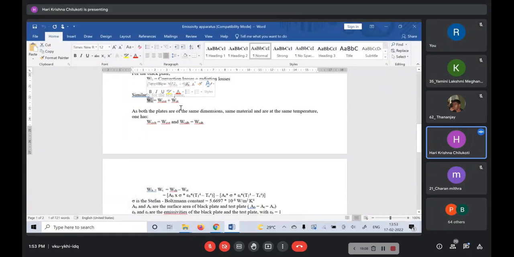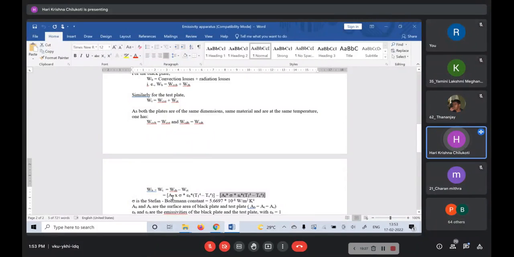Similarly, radiation heat transfer from a surface between two surfaces, for the black body reference surface and for the test surface, can be calculated using these two formulas.